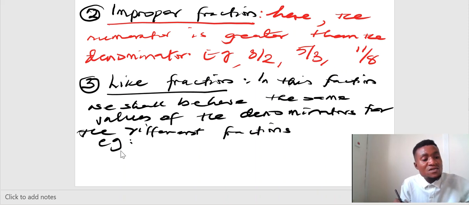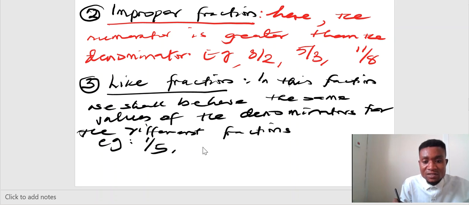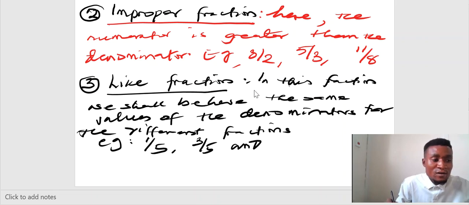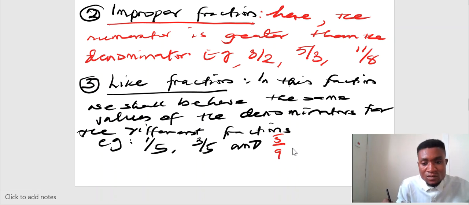E.g., we'll have something like 1 over 5, we have 3 over 5, and we also have 5 over 9, and 7 over 9.